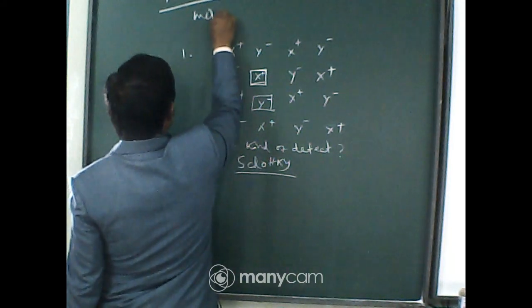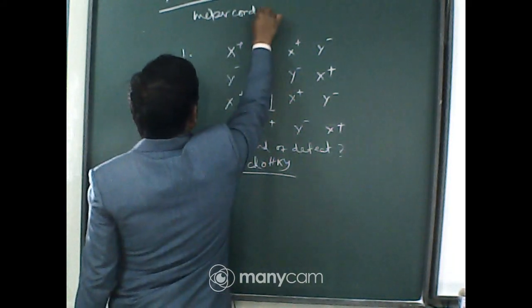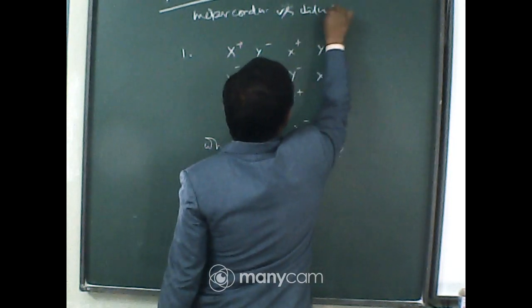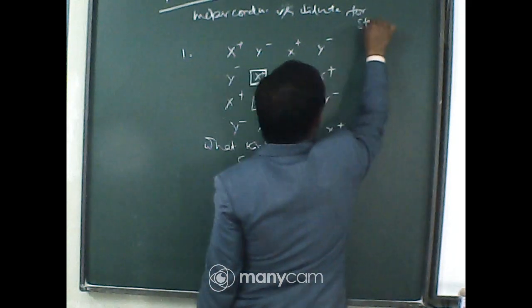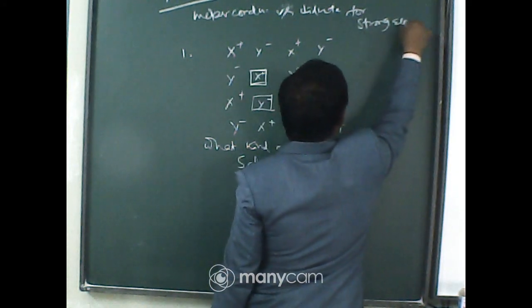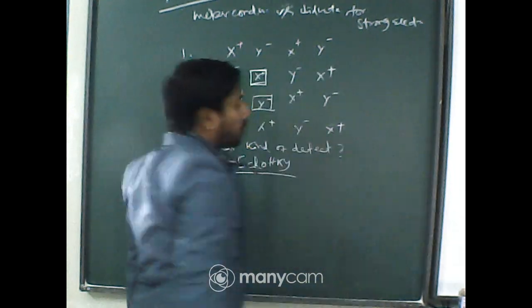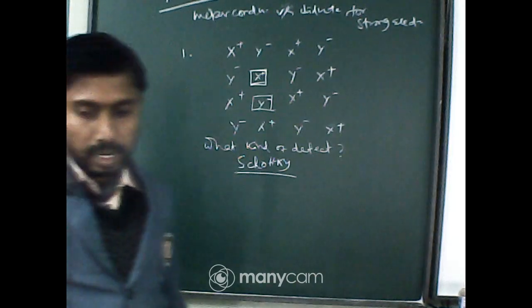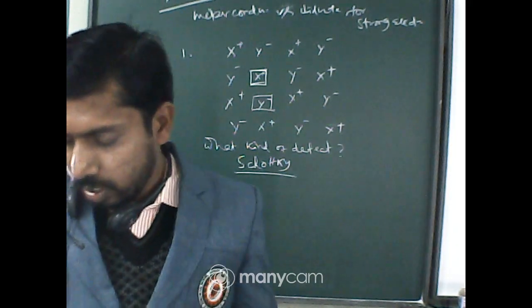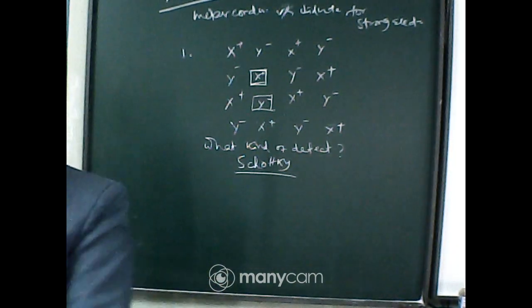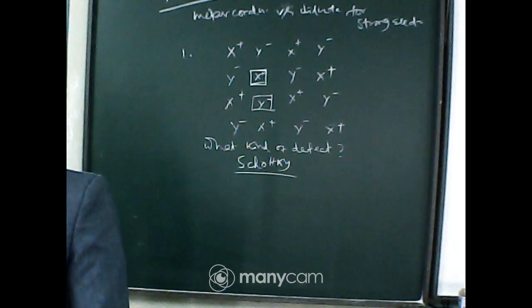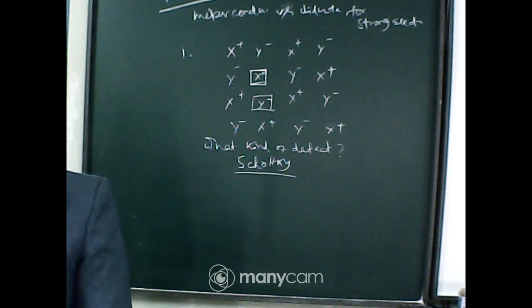So molar conductivity versus dilution for a strong electrolyte is a straight line with negative slope. It is a question not for a single mark, it is a question of 2 or 3 marks. So for this you have to elaborate to some extent.